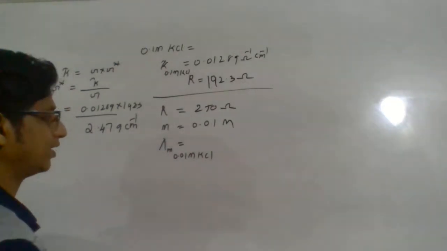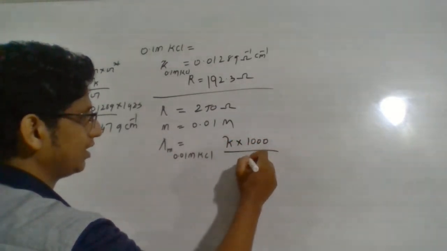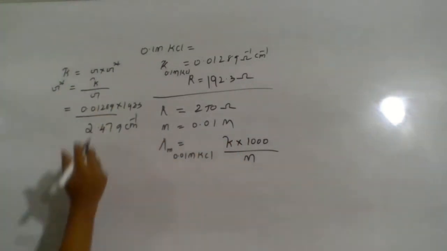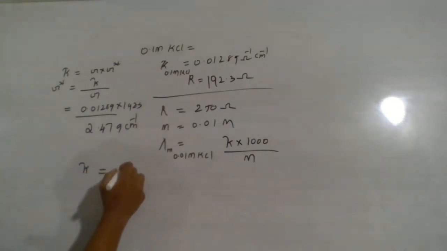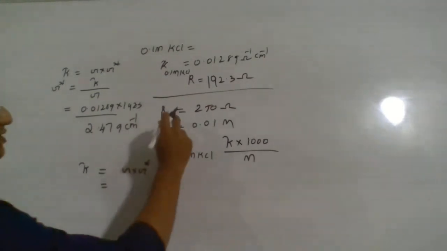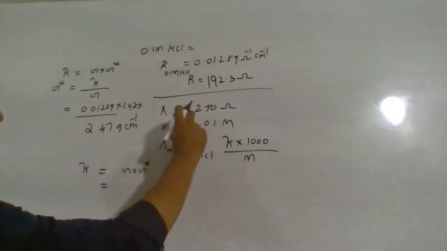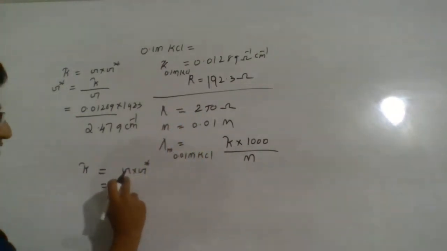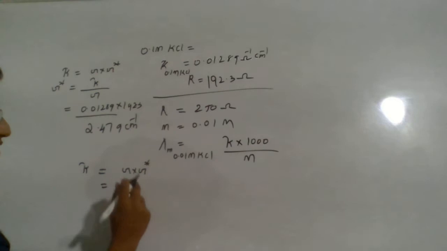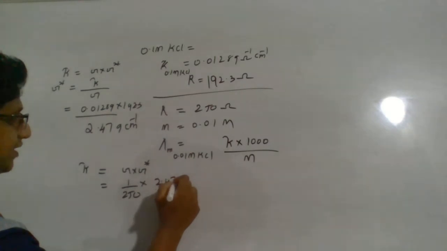Now if you want to find the molar conductivity, we have to know conductivity into 1000 divided by M. M is 0.01. Kappa we have to find. Kappa again you can find: conductivity kappa is equal to G into G star. We got G star now. G is the conductance, G is 1 by R. So 1 by 250, that is the resistance, into G star, which we already got, 2.479.